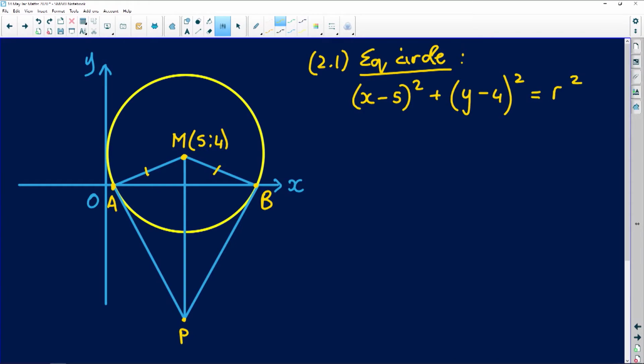That's very interesting. Let's see if there's information that they didn't give us explicitly, but that we can draw from our diagram. We can't find the coordinates of A. That's impossible. We also can't find the coordinates of B. So it looks like we're stuck with r squared, unless we saw the following.